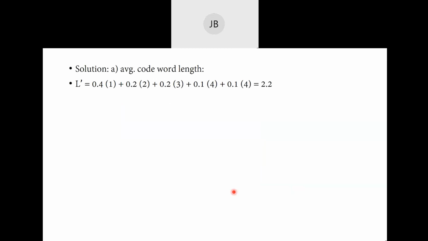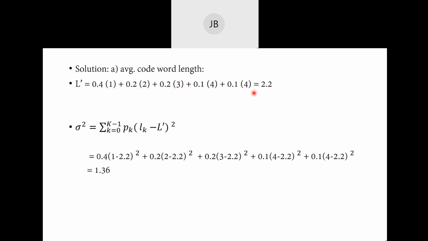So these are the different code words that we generate. If we compare here, the average code word length in this case, probability multiplied by number of bits for every symbol, is 2.2, and the variance here, that is pk multiplied by lk minus L prime whole square: for the first symbol the probability is 0.4, the number of bits in the first symbol is just 1, minus 2.2.